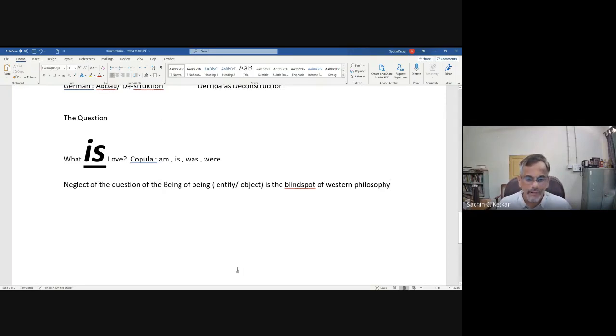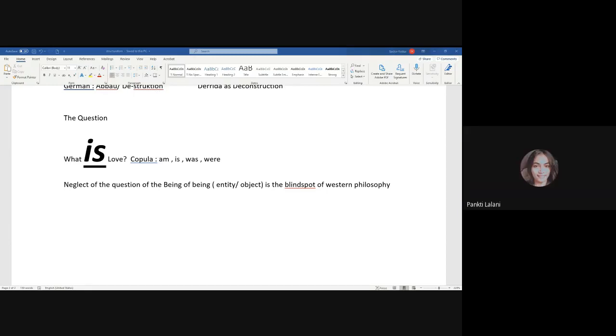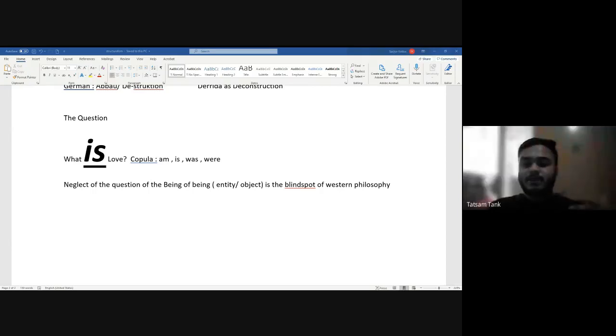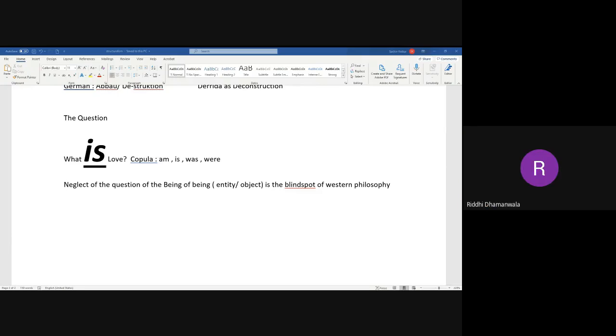What do you mean by a blind spot? Does anyone know? Blind spot क्या होता है? Sir, a spot where we cannot see anything, so we just assume about that particular thing. Okay. They are still in search of that thing. No. So, or maybe that particular thing is ignored.